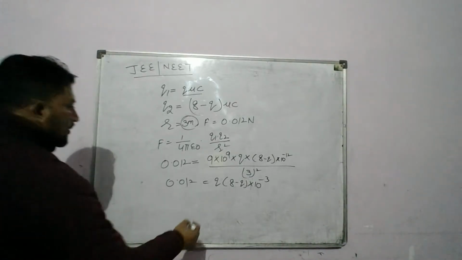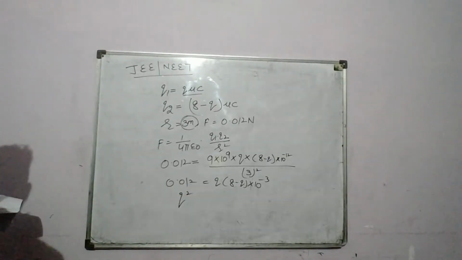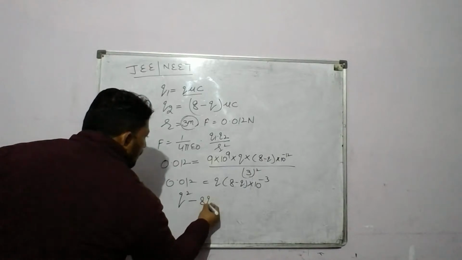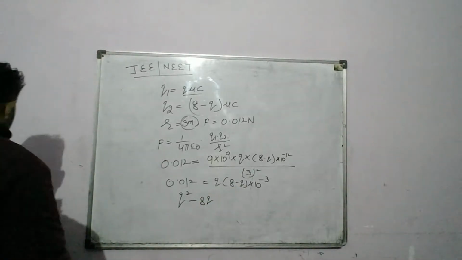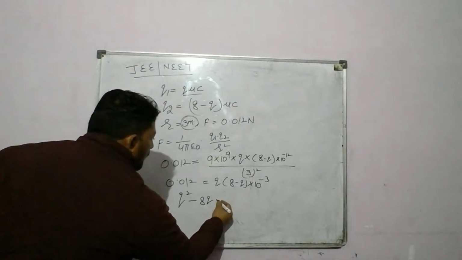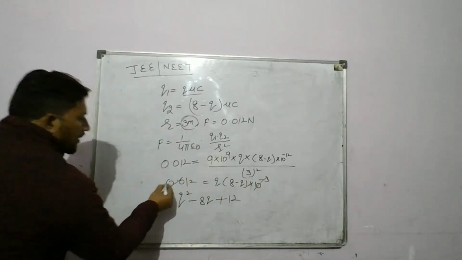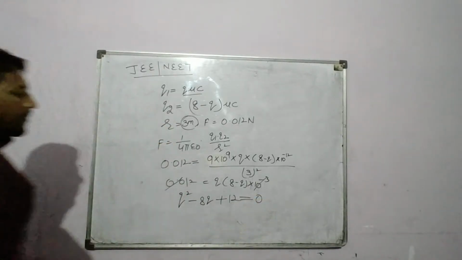It means Q square, you will find the value of Q: Q square minus 8Q plus 12 is equal to 0.